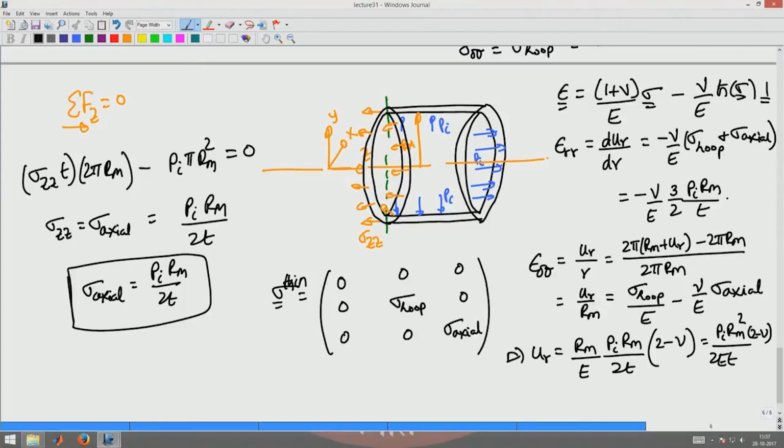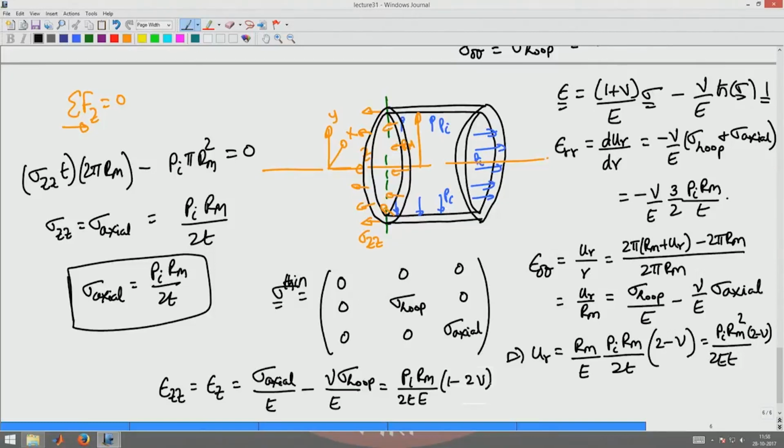Okay. Similarly, epsilon ZZ, which was epsilon Z, the axial contraction or expansion that you will see, is given from the constitutive relation by sigma axial by E minus nu sigma hoop by E, which is nothing but pi Rm by 2 T E into 1 minus nu.